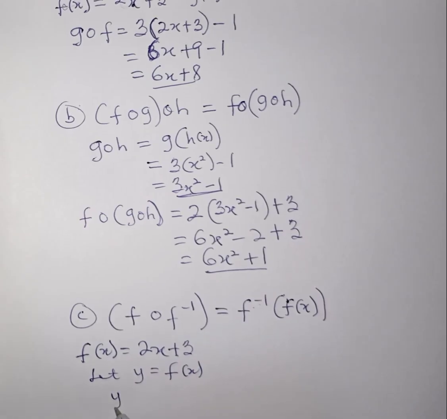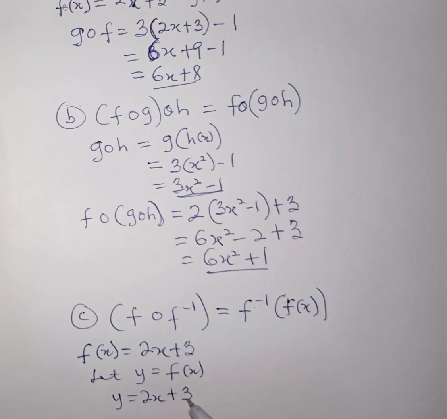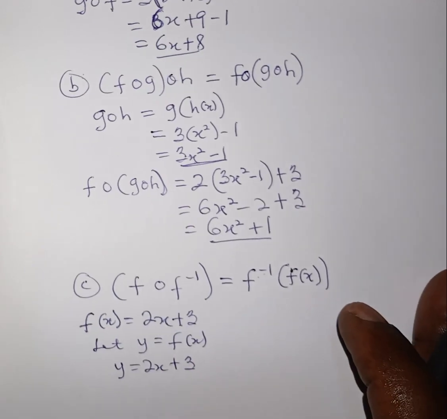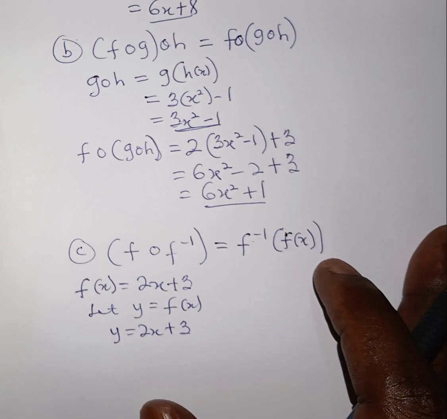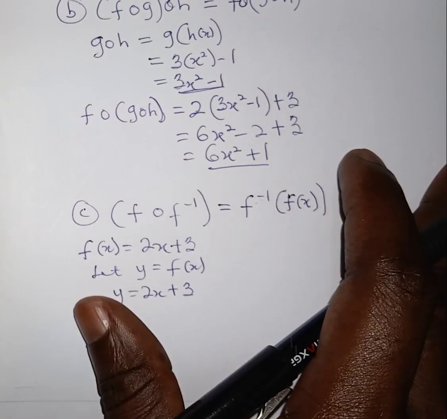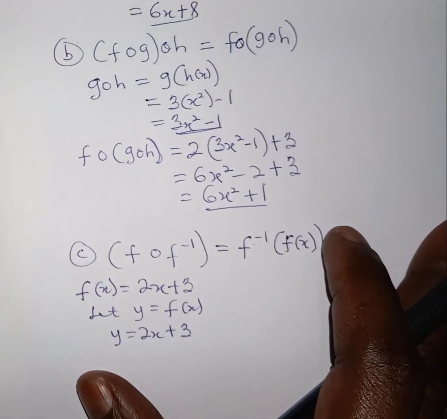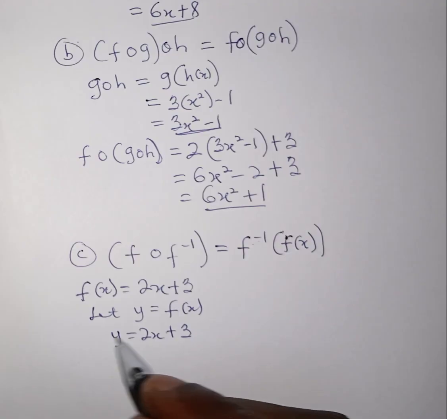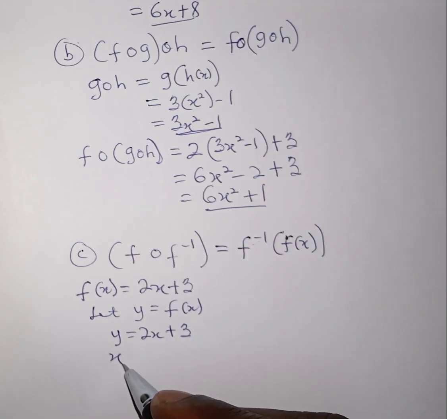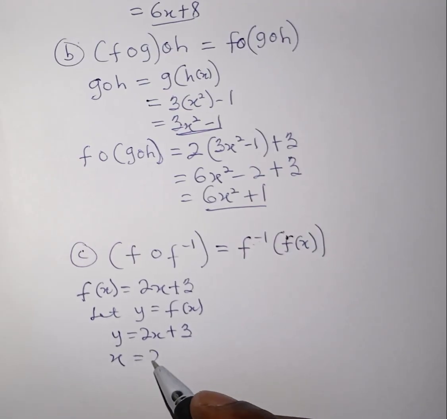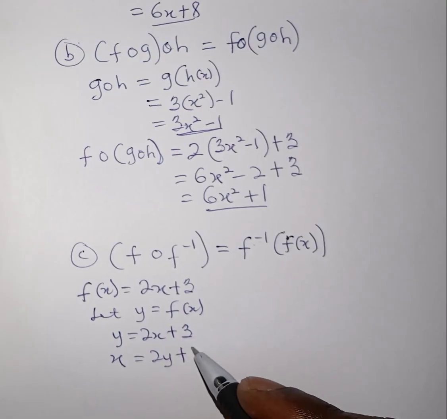So y is equal to 2x plus 3. Okay, now when you are done, what do you do next? You only interchange x and y. So here I'll write x is equal to 2y plus 3.